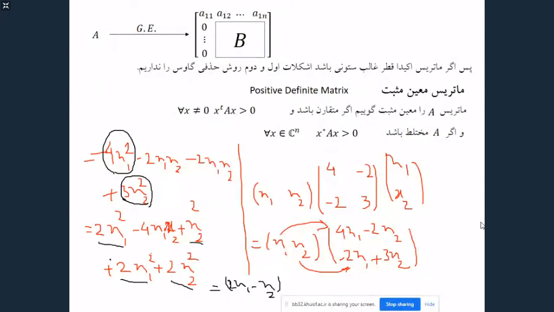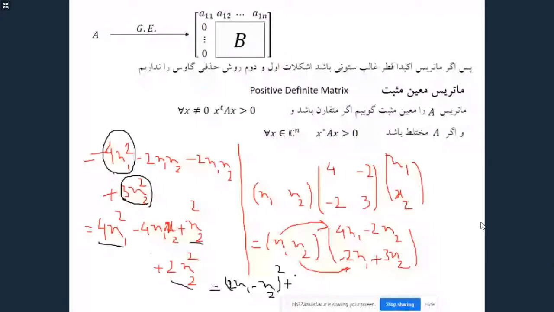It's better to write that as (2x1 minus x2) squared plus 2x2 squared.